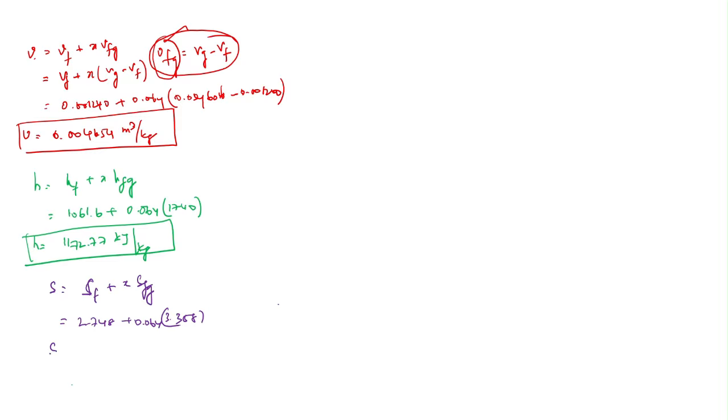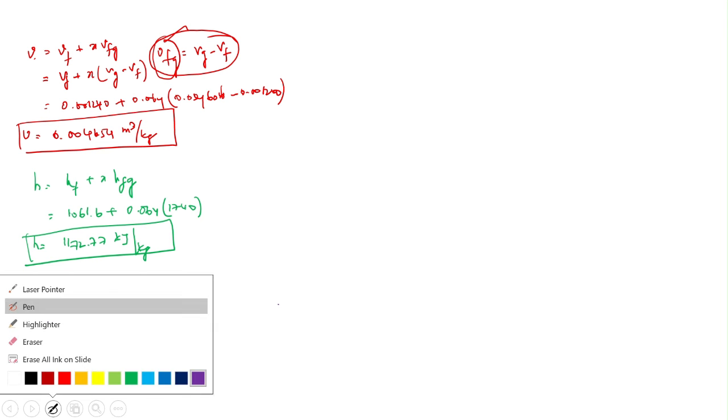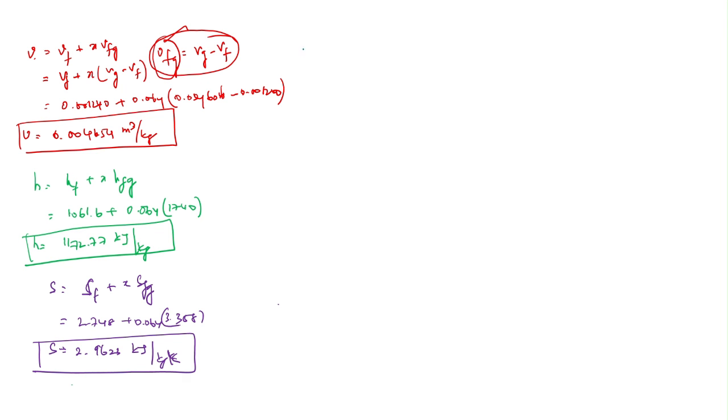After substituting this value, finally you will get S equal to 2.9623 kilojoule per kilogram Kelvin. You can find the internal energy also. Finally, you can find the last parameter, the internal energy.